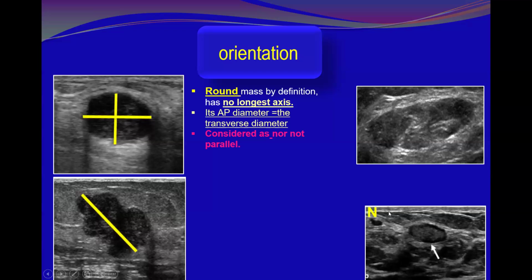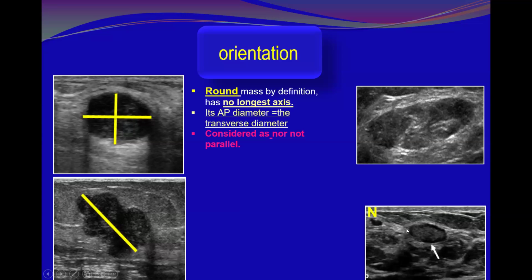No, this is breast, and this is a duct, and here this is the nipple. We are talking about the orientation of a breast mass. So where is the location of these lesions?